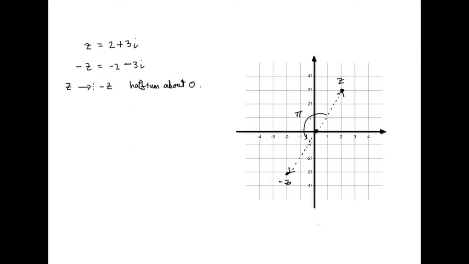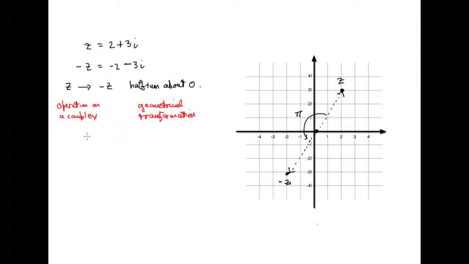So there's an operation on a complex number resulting in a geometrical transformation. Half turn.